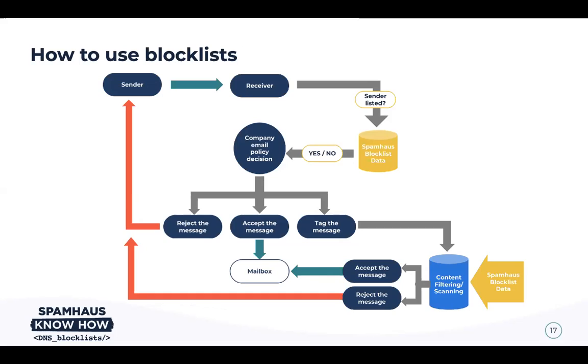And that is something that a lot of people do with good success. That is also why, for example, we do publish for some of our customers in the security industry a subset of the SBL that only contains command and control servers, exactly for this type of usage.